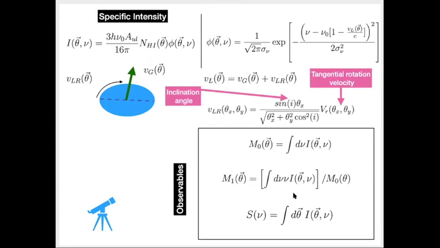Then what I can do is I can multiply the specific intensity by nu, the frequency at that particular nu, and then I integrate over all nu. So what will happen then? Well, if you look at again, the nu dependence comes from here. So this is a Gaussian.